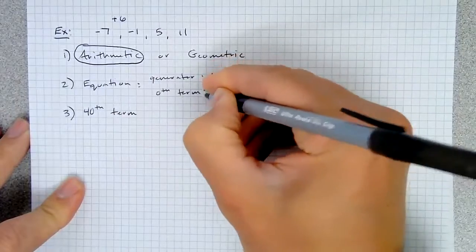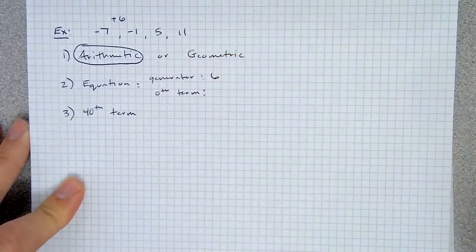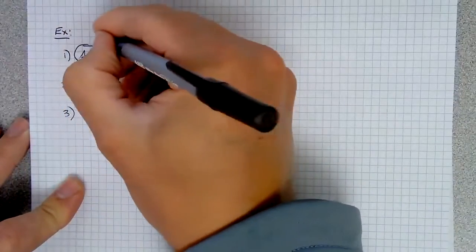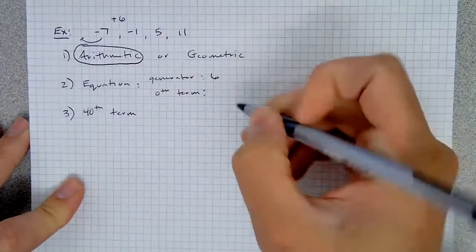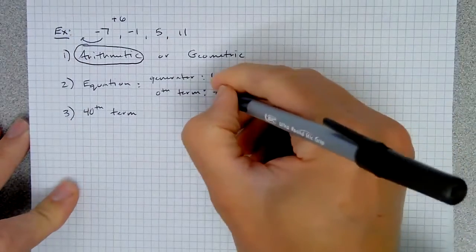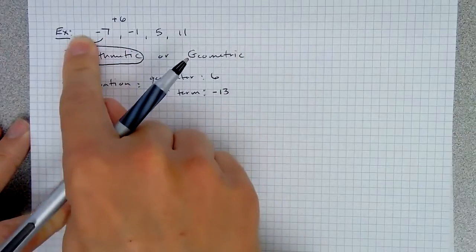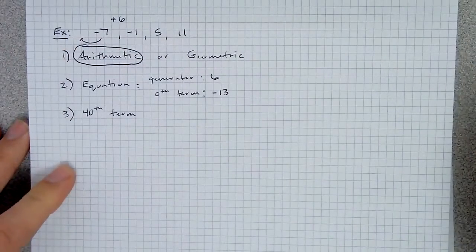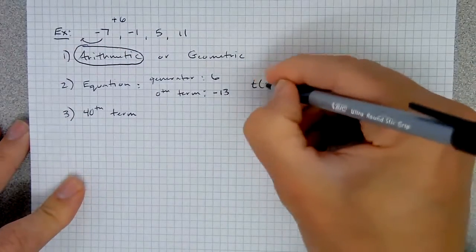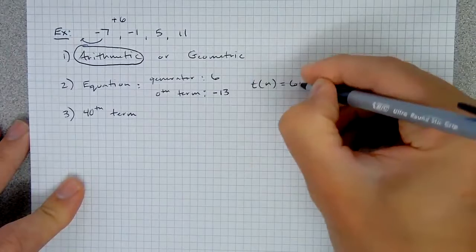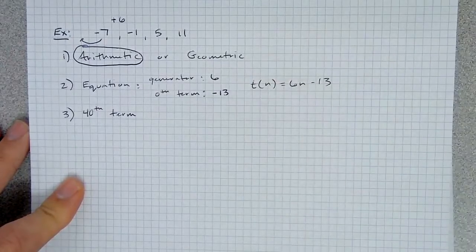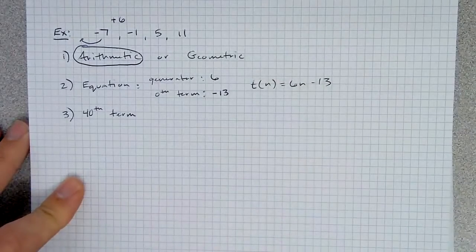Our generator we identified as 6. Zero term would be what would come before -7, and in this case that makes it -13. From -7, we have to subtract 6 to go back 1. So our equation, T of n equals 6n minus 13.